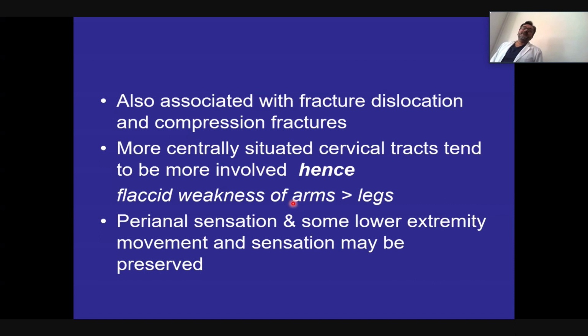The lateral fibers represent the lower limbs. So you would have more problems in the upper limb as compared to the lower limbs. Lower limbs are spared, upper limbs are more affected. Perianal sensation and some lower extremity movement and sensation may be preserved. So there is more involvement of the upper limbs and less involvement of the lower limbs.